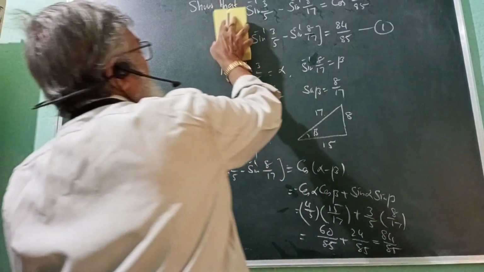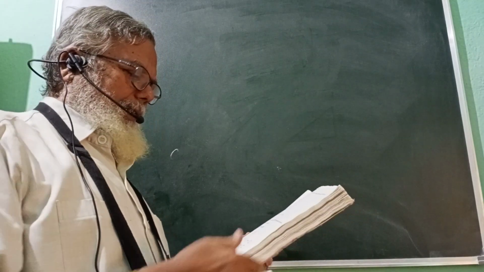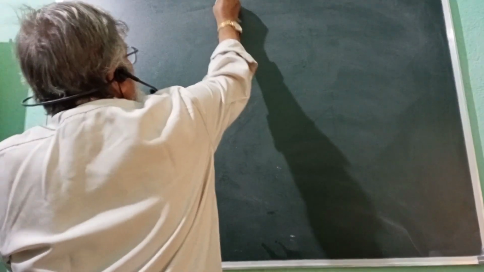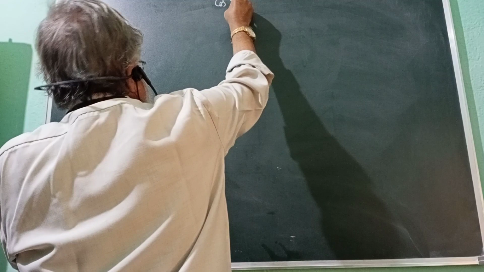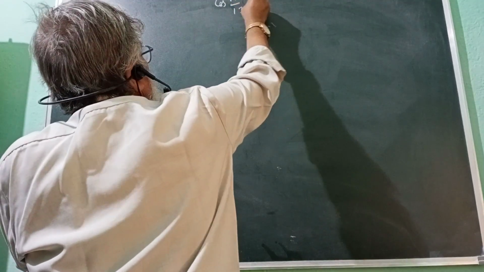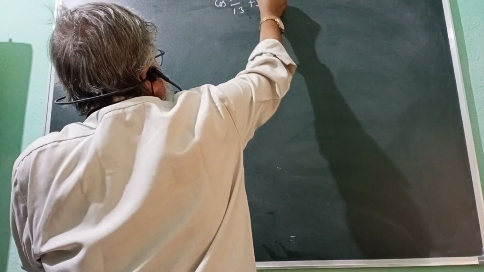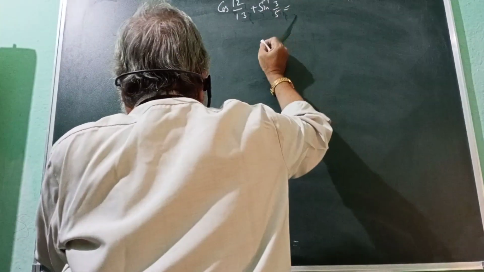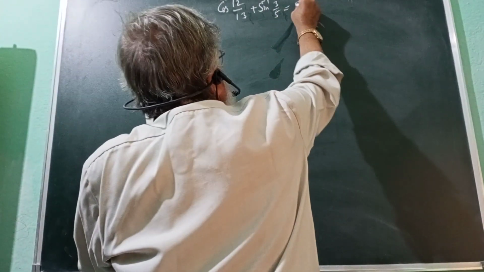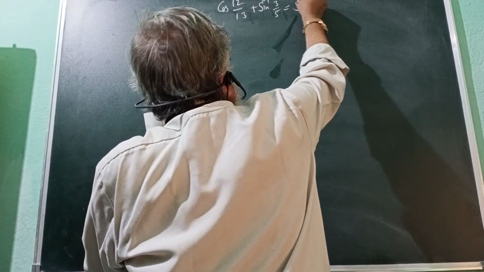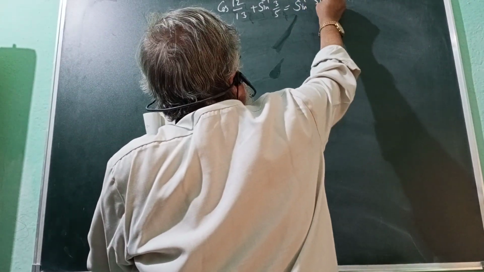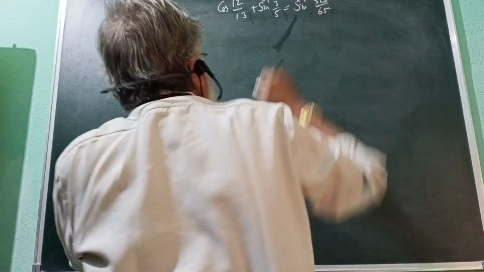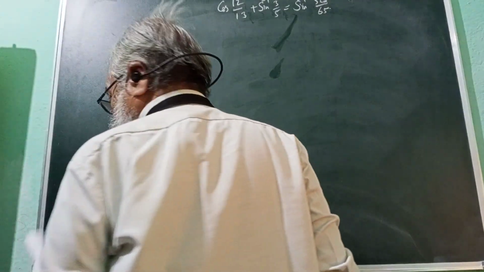Next problem. Show that cos inverse 12 by 13 plus sine inverse of 3 by 5 is equal to sine inverse of 56 by 65. Now we have to prove it.